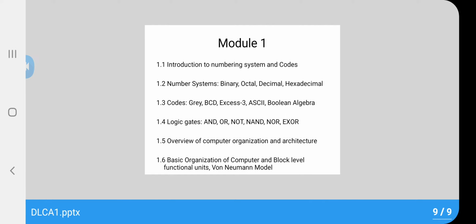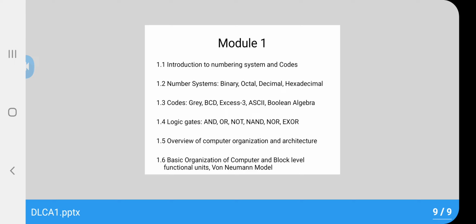Then the different codes we are going to study are Gray, binary coded decimal, that is BCD, XS3, ASCII, American Standard Code for Information Interchange, and Boolean algebra. Boolean algebra will be further explained with the different logic gates AND, OR, NOT, NAND, NOR, XOR. Then we will see the overview of computer organization and architecture along with the von Neumann model.